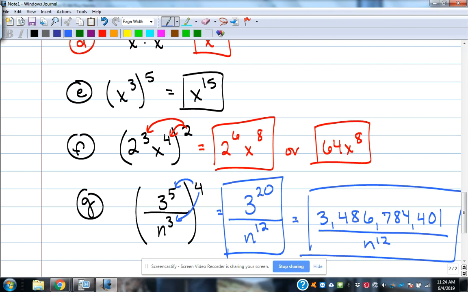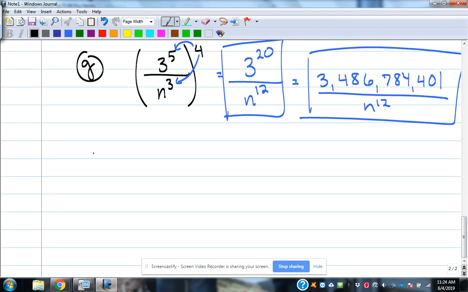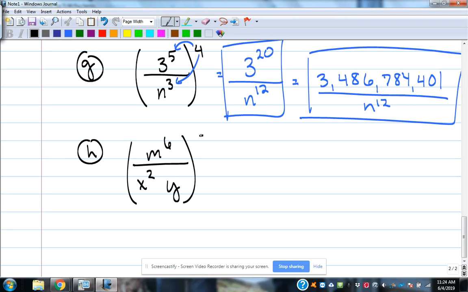Let's do one more of the fraction style ones. So we had m to the 6th over x squared y to the 5th. All variables on this one.